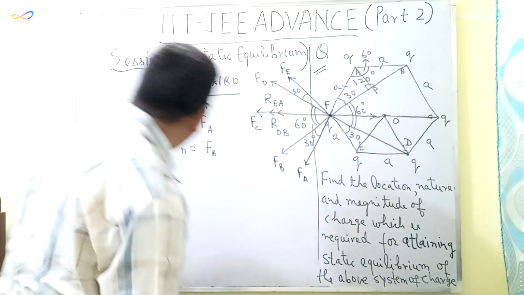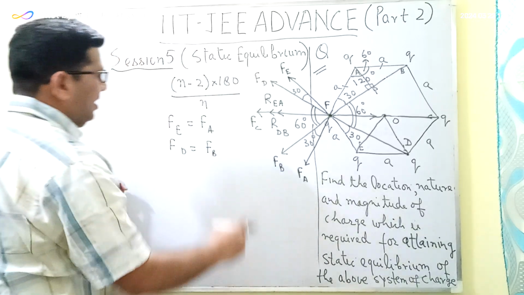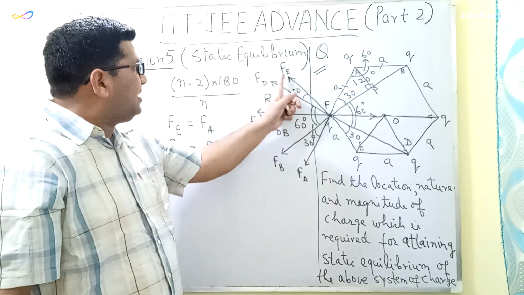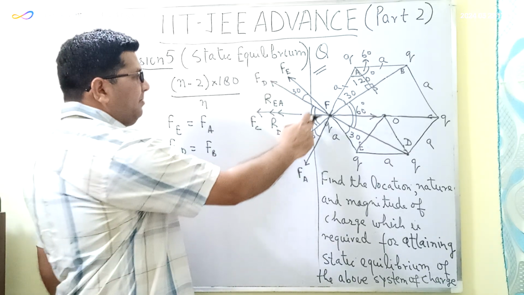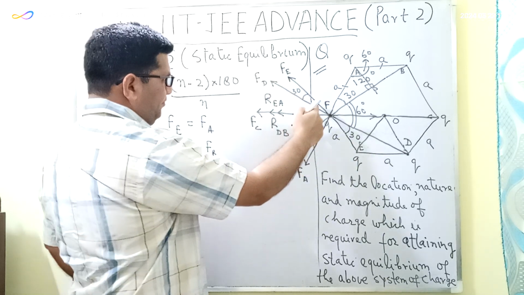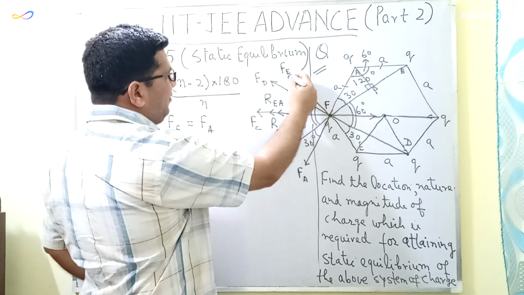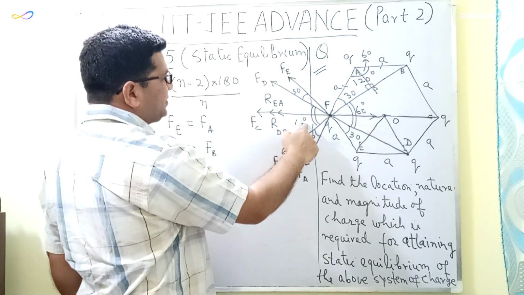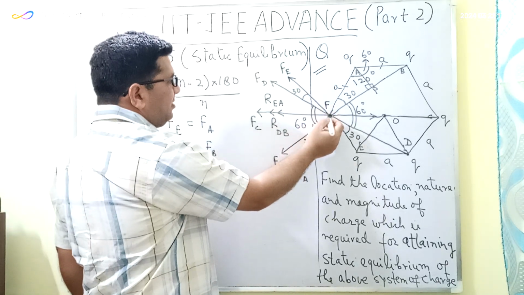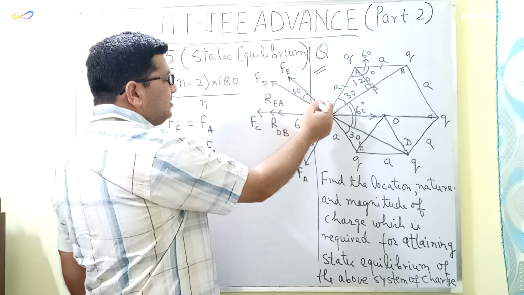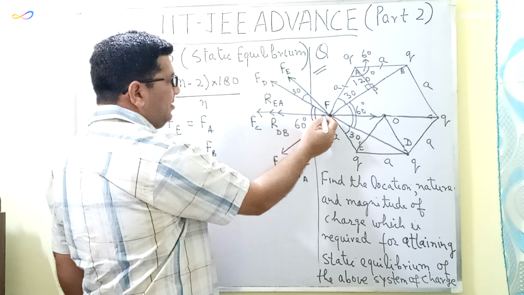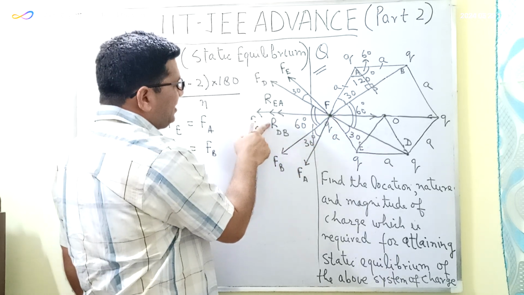Now since FE is equal to FA, the resultant of FE and FA will be bisecting the angle between FE and FA. That angle is equal to how much? 60 plus 30 plus 30, that is equal to 120. So the resultant will be bisecting this 120 degree angle, and it will be directed in the direction as given by this arrow.